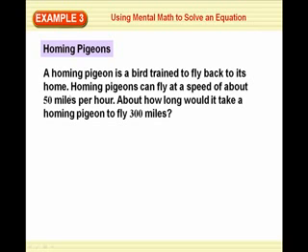So the formula is, and they have it in words, D equals rate times time. D stands for distance, okay? R stands for your rate, that's how fast you're moving. T stands for time, how long you're moving at that rate.